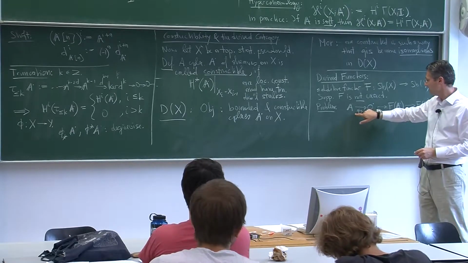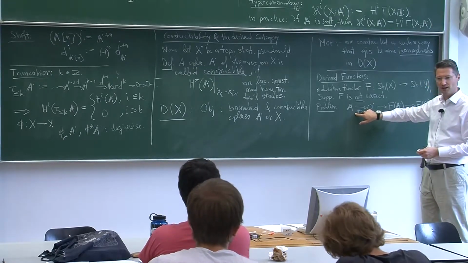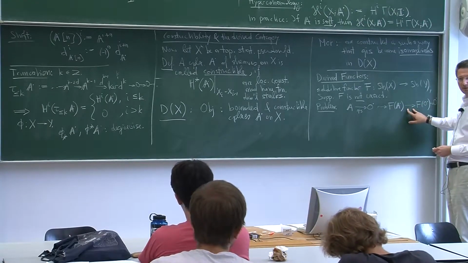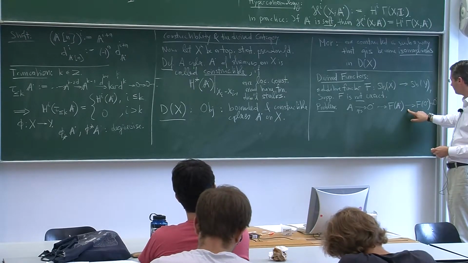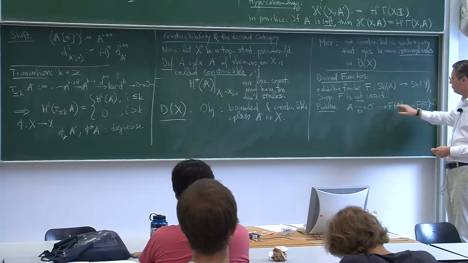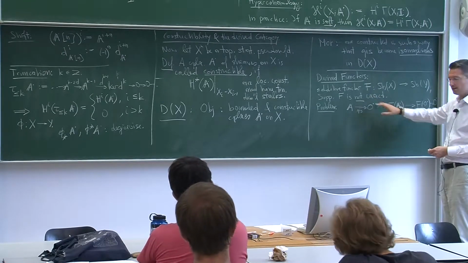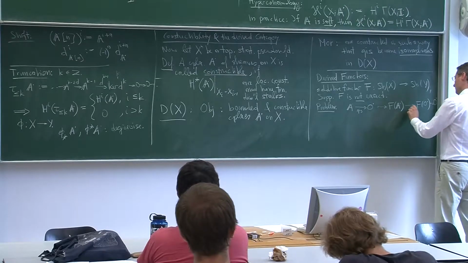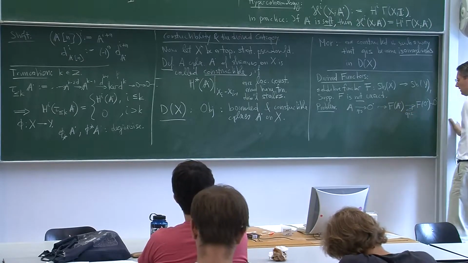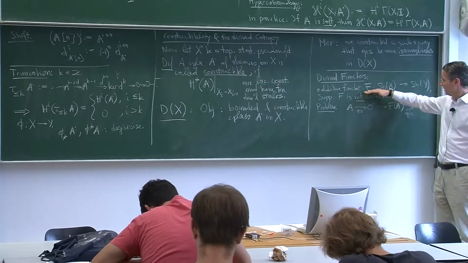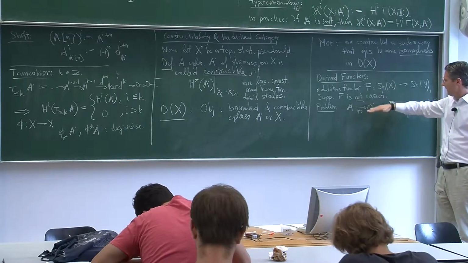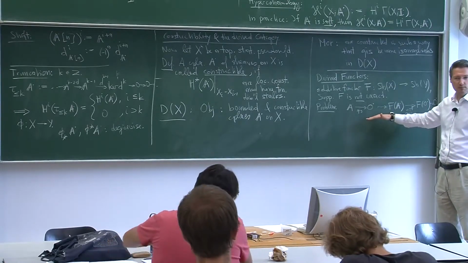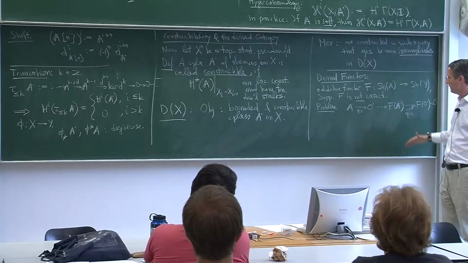But this need not be true, because we took an f that's not exact, and it doesn't preserve exact sequences. So this would not be a quasi-isomorphism. Trying to induce a functor from f on the derived category is not directly possible. This is the problem one faces.